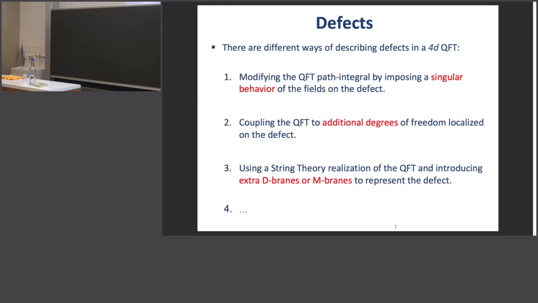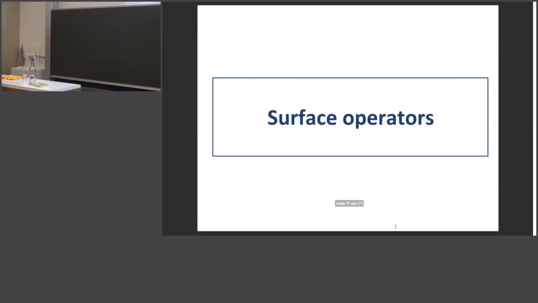And if we are in a string theory context, we can think of introducing a defect by adding extra M-branes or D-branes to represent these disturbances. And there may be other ways of introducing defects. In this talk, I will concentrate on the first two ways, which look a priori different, and as I said, I will specialize my discussion to surface operators.